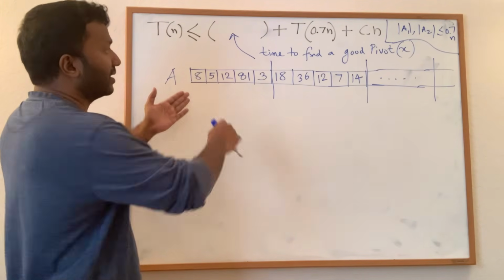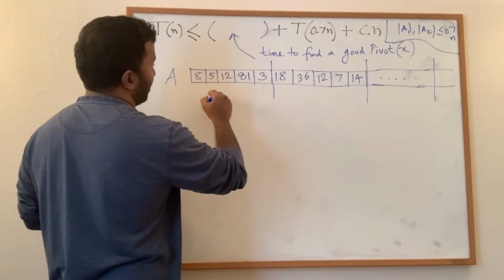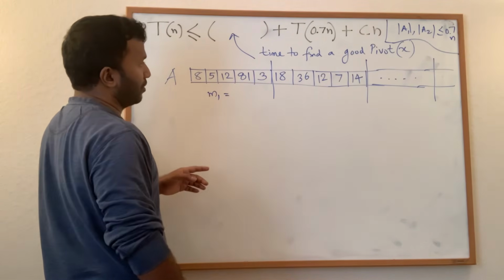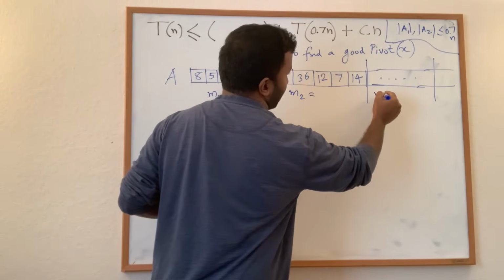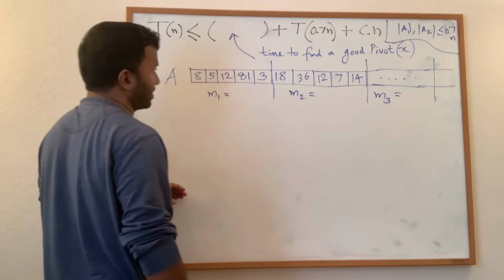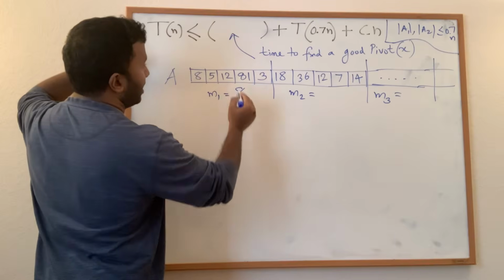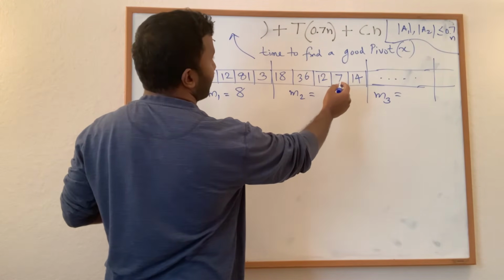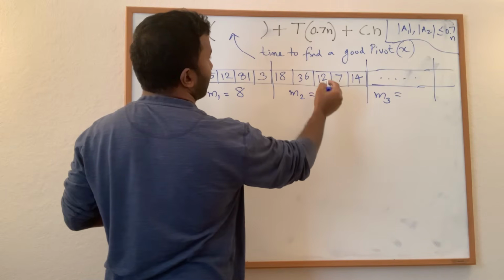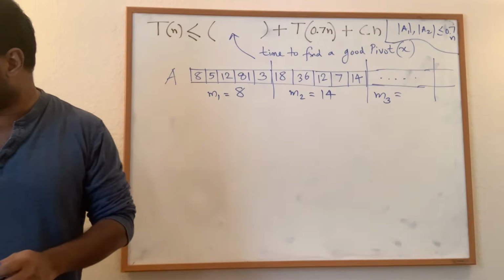Median is essentially the third element in this block. So let M1 be the median of first block, M2 be the median of second block, M3 be the median of third block, etc. So M1 in this case is 3, 5, 8, the third smallest number. Here it is 7, 12, 14. Just for illustration.